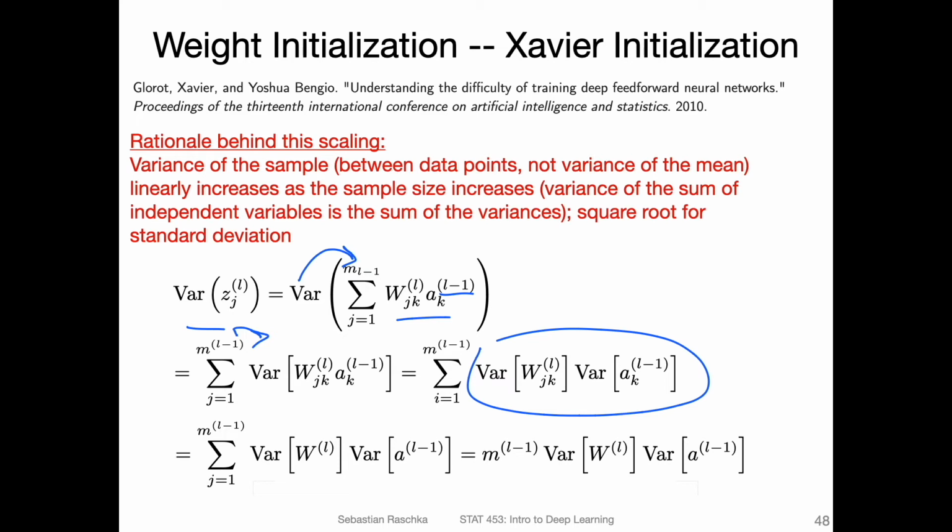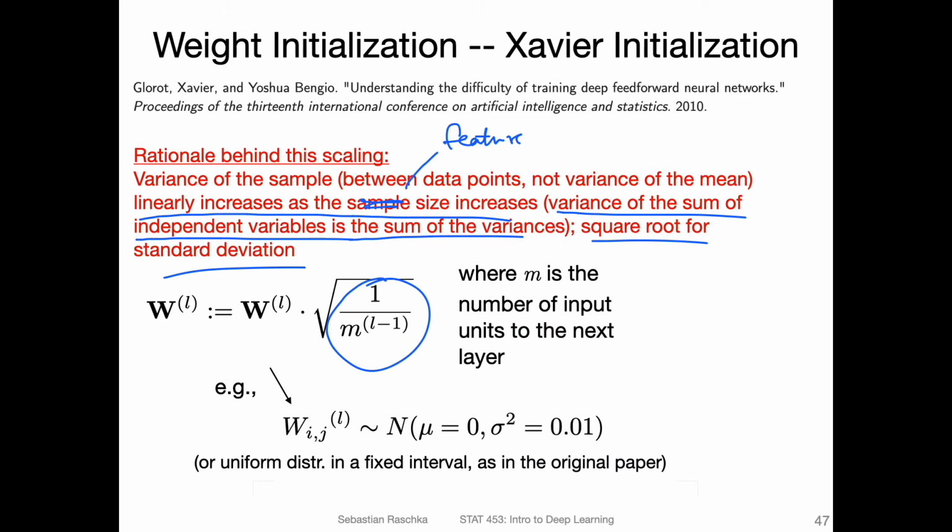Then, because we have a sum over these values and they are the same for all the different positions, instead of summing over these, I can just say it's m times this product. So this is where the m comes from. So we are then scaling it back by 1 over m.